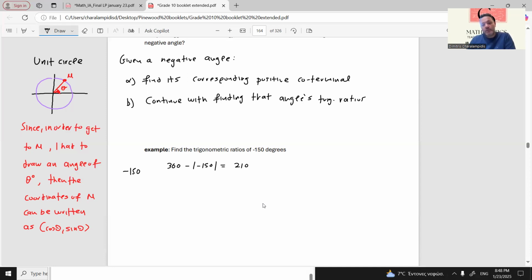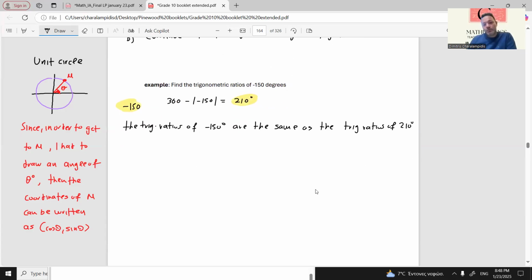By doing so, we end up with 210, which means that the angle of minus 150 degrees and the angle of 210 degrees are coterminal, which means that the trig ratios of minus 150 degrees are the same as the trig ratios of 210 degrees, which means that so far I should be able to write that sine of minus 150 is sine of 210, and similarly cosine of minus 150 is equal to cosine of 210.